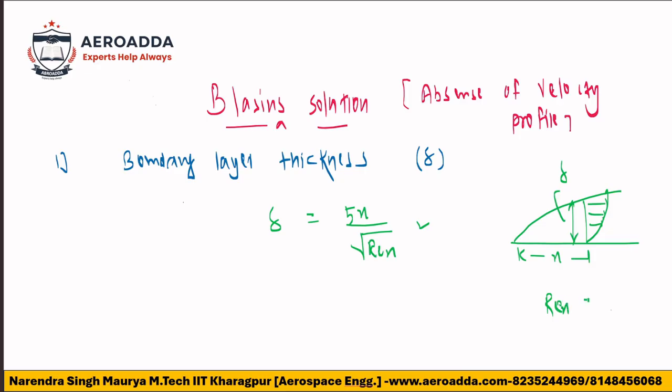Reynolds number at distance x. It's rho u x divided by mu. This Reynolds number, as I have told you, in terms of kinematic viscosity you can also write as u infinity x divided by mu by rho, also called nu, the kinematic viscosity. This will be the formula, 5x by root of Rex. It is for the boundary layer thickness.